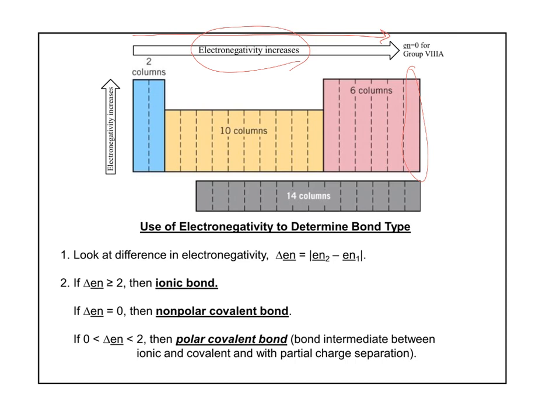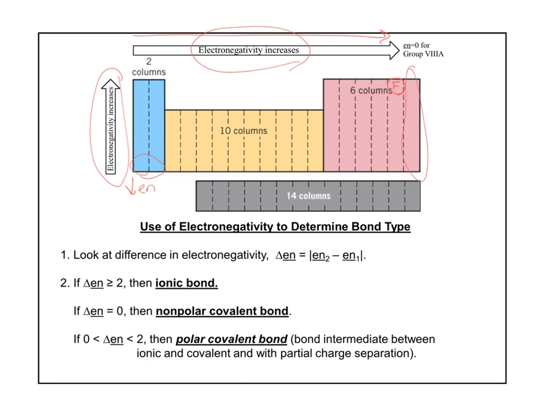So actually, in the top right corner, not including the noble gases, we have fluorine. So fluorine has the highest electronegative value. And I know this because look at the left side here. It says that the electronegative value increases as you go up the table. So that means if you're going down, these will have lower electronegative values.